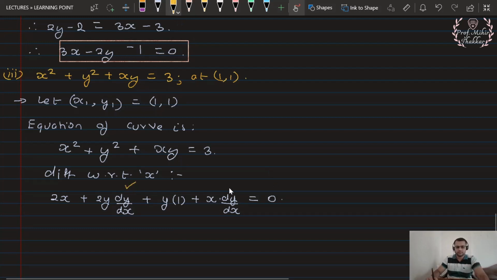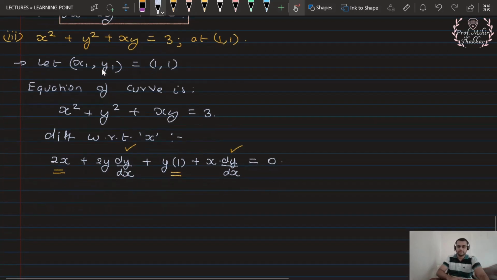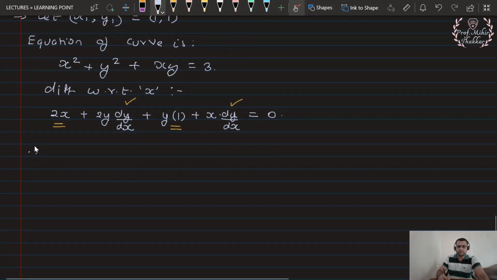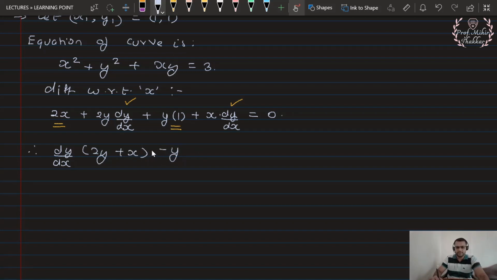Now we take these both terms of dy by dx together and the terms independent of dy by dx on the right hand side with the change in their signs. So we will get over here, therefore, dy by dx times y plus x, minus y minus 2x.